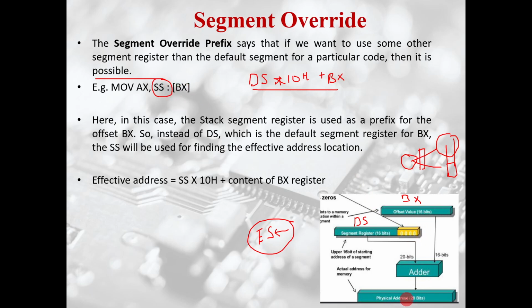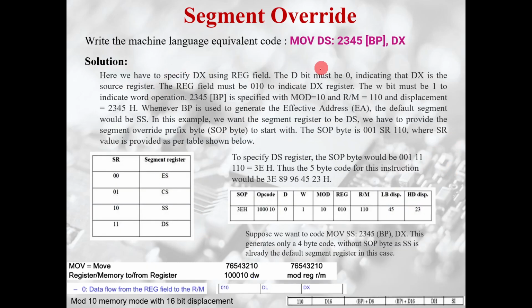In the 8086 the address lines are 20 bits, so that's how the 20 address bits come out. When we write SS, it becomes SS instead of the default DS register. Let me explain one example and also the machine code for that, then things will be very clear.